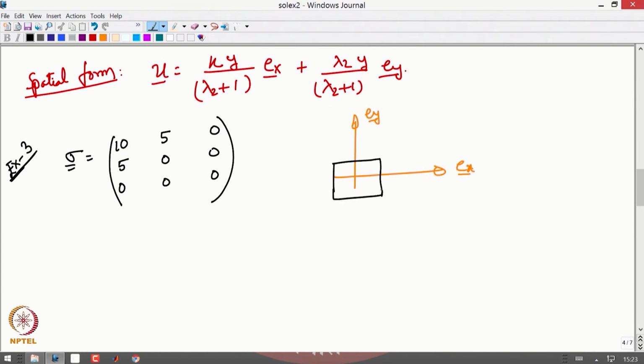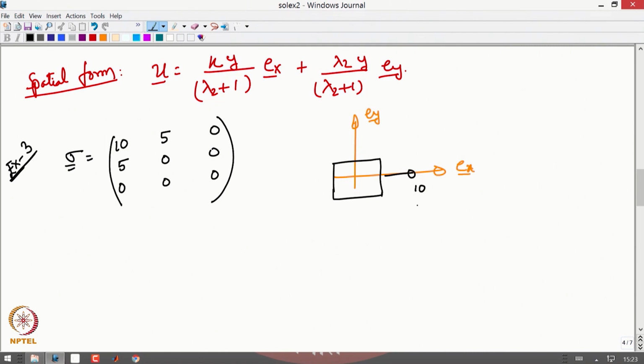I want to indicate what this 10 represents as a component of the stress tensor. You know that this 10 represents the sigma xx component of the stress tensor. So, sigma xx component is on the area whose normal is x, and the direction of force is also x. So, this will be sigma xx, which is 10, in the positive direction because 10 is a positive number.